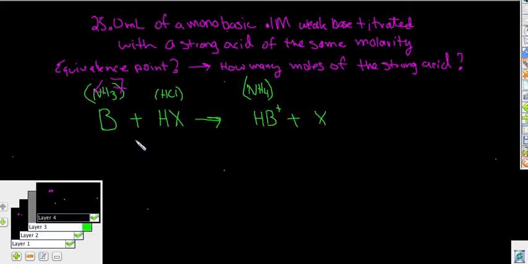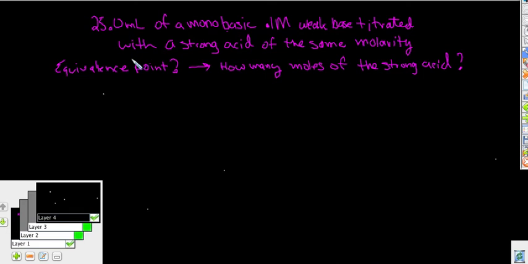And so what do we have? We're going to have 25 milliliters of that weak base at 0.1 molar. So actually, I messed that up. 25 milliliters should be 0.025 because we've got to convert it to liters.